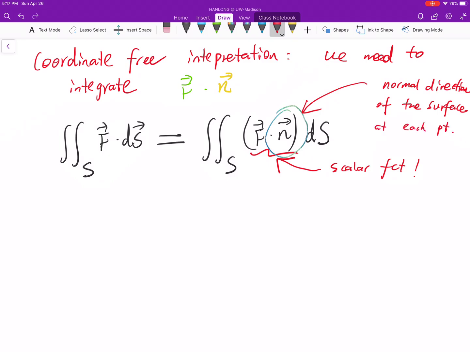It's changing from point to point. You have different normal directions. So this actually is the normal direction of the tangent space, the tangent plane of the surface at each point.